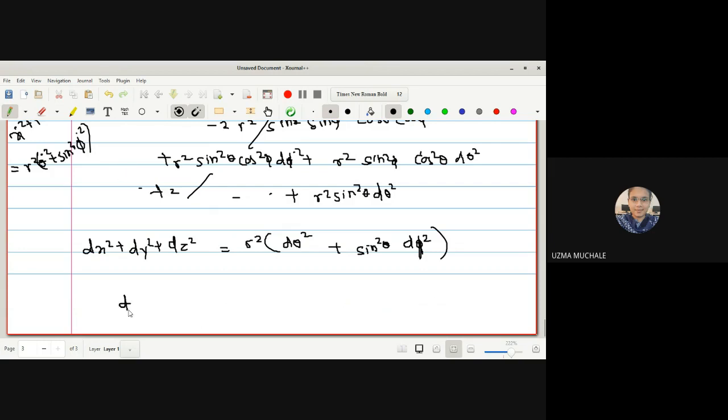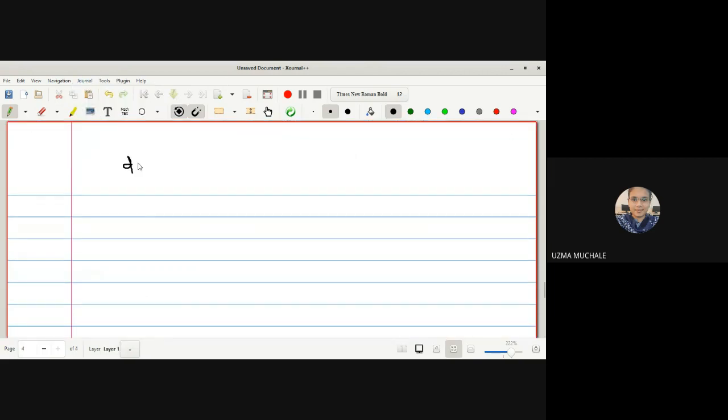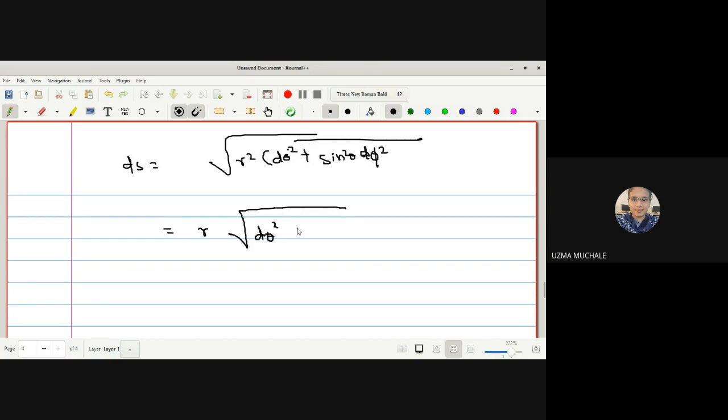So in this way we have found the value of ds is equal to under root of dx square plus dy square plus dz square, which is under root of r square d theta square plus sin square theta d phi square, which is equal to r under root of d theta square plus sine square theta d phi square.